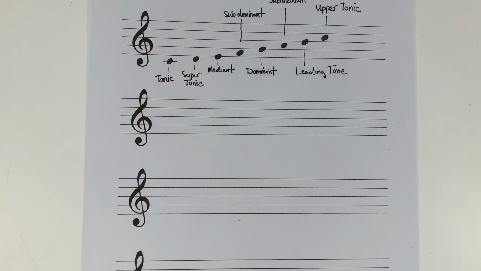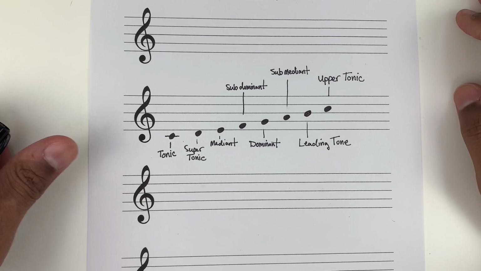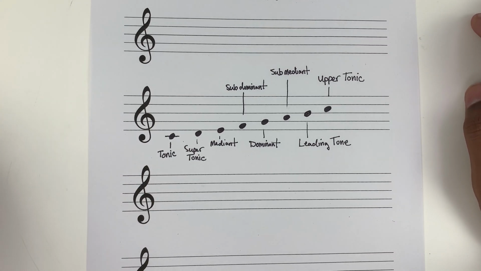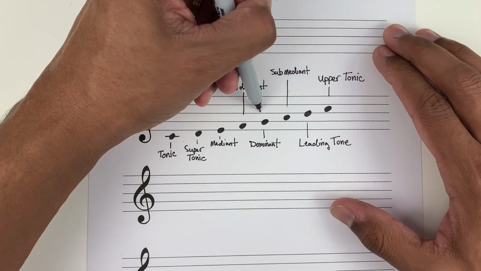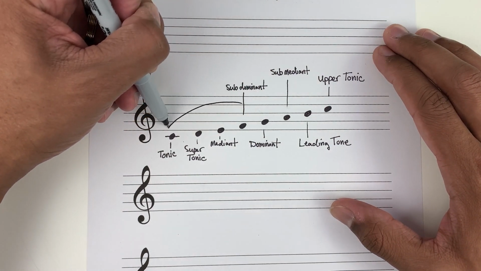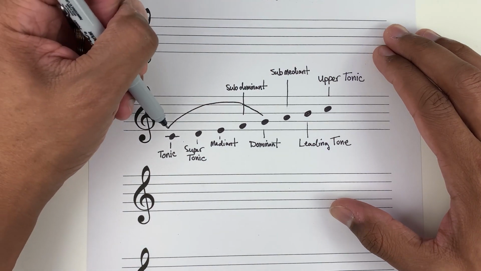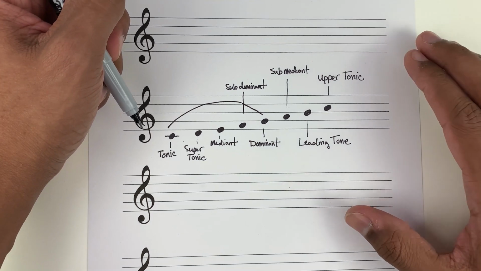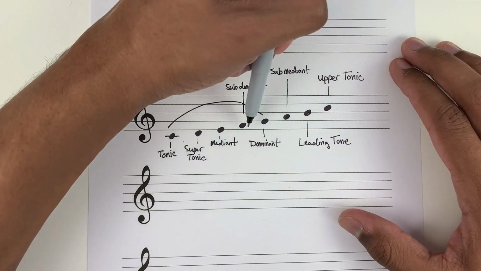Some other things worth noting when it comes to these scale degrees is just the way that they interact with each other. One example of this would be the relationship between the tonic and the dominant, tonic being the first note, dominant being the fifth. In between there, your mediant is the third note, subdominant is the fourth note, and it's the exact distance from the upper tonic as your dominant is to your lower tonic.